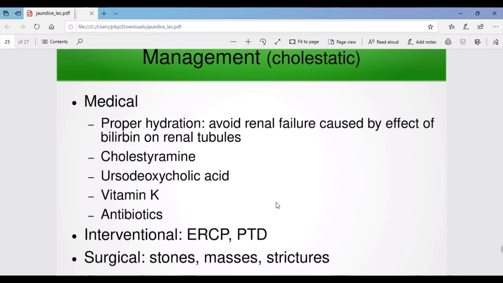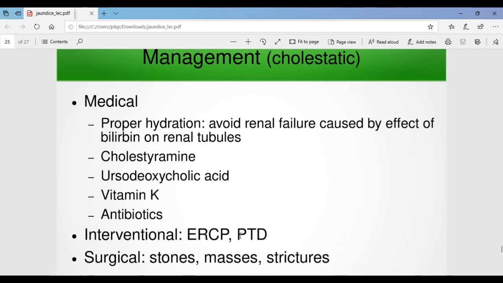If there is obstruction by stricture or by mass or by stones, we go to surgery to alleviate this obstruction, to relieve the stricture, to remove the mass or the stones. But before surgical management, we have two modalities. Internal percutaneous transhepatic drainage, which is like PTC, but we collect the bile.